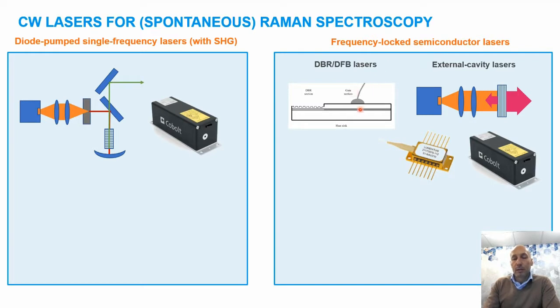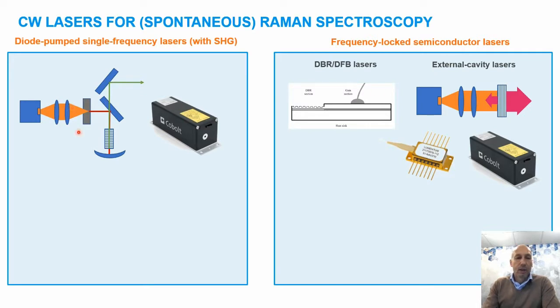Either the semiconductor is locked to a grating structure which is built in on the semiconductor chip itself, and we're talking about DBR or DFB lasers. Or the semiconductor can be locked to the narrowband optical feedback from an external grating element, such as a volume Bragg grating element, and then we call it external cavity lasers.